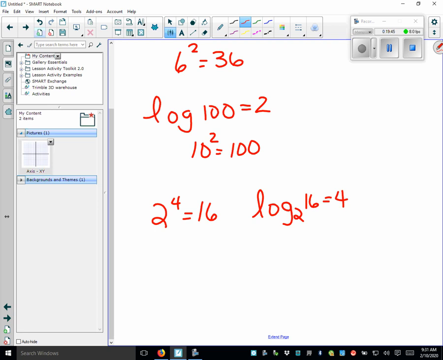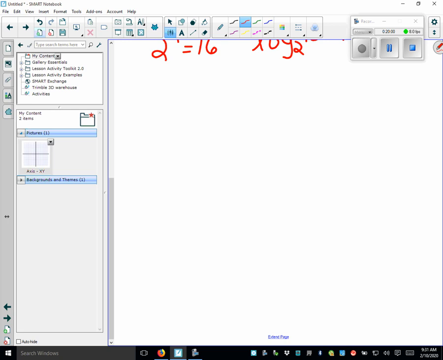Okay. These directions say simplify. That's what they say. I'm not going to say anything else. Simplify. Remember how? 4. 3 plus 1. I got 4 as well. You got 4?